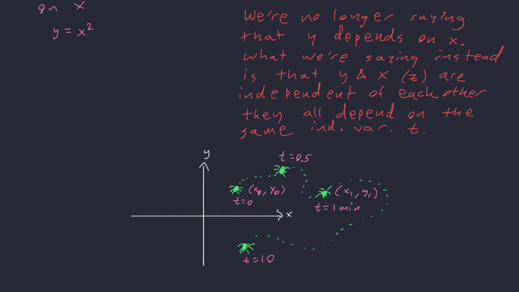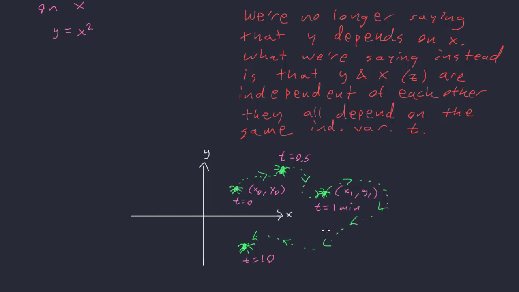So the idea is that at each time value, the bug is at a specific point in space, and it's the point that is changing as time changes.